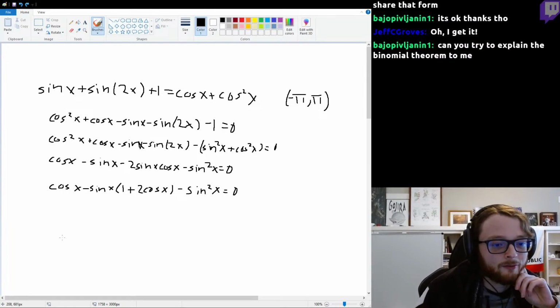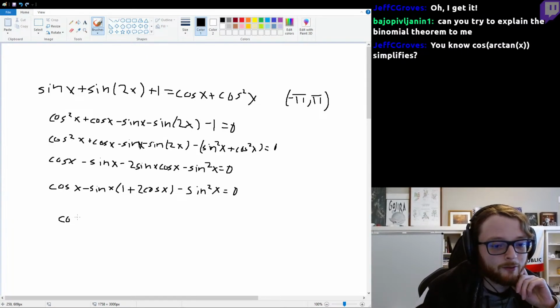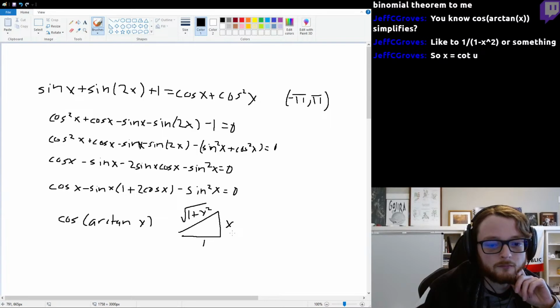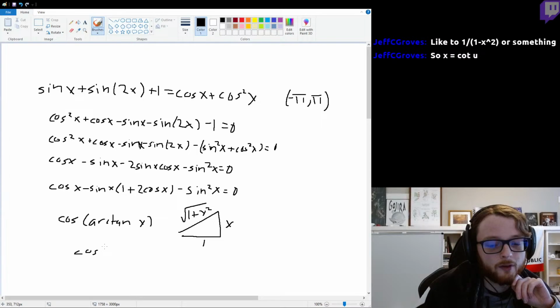Cosine of arctan x. Yeah, you draw a right triangle. So cosine is adjacent. Yeah, it's 1 over root 1 plus x squared.